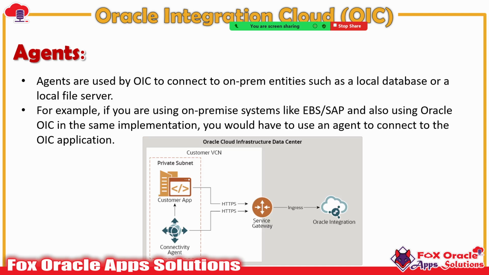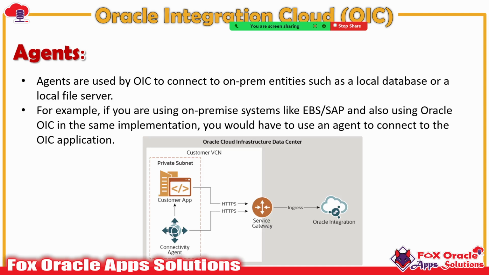I will discuss what a connection is. But whenever we need to connect with a third-party system which is not available over cloud, we require an agent. The agent will be considered a bridge between the connection and Oracle Integration, so that it can make the on-premise application available over the cloud, so that Oracle Integration can make connectivity with it.